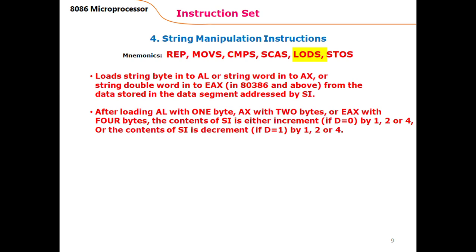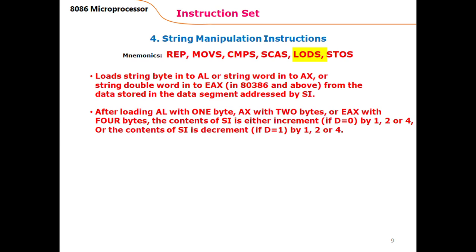In the earlier instruction it was the extra segment, but here the source of the data is taken from the data segment memory. So the source is normally the data segment, and the offset address is provided by the source index register. After loading the accumulator with 1 byte for AL, 2 bytes for AX, or 4 bytes for EAX, the contents of the source index register are either incremented or decremented.